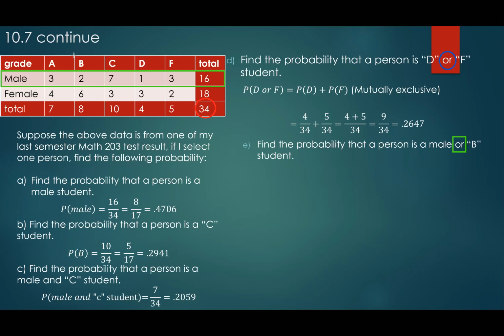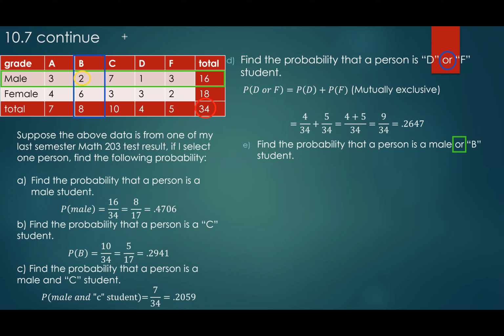Do you agree that we do have something in common? We have, to be exact, 2 students who are a male and also a B student.